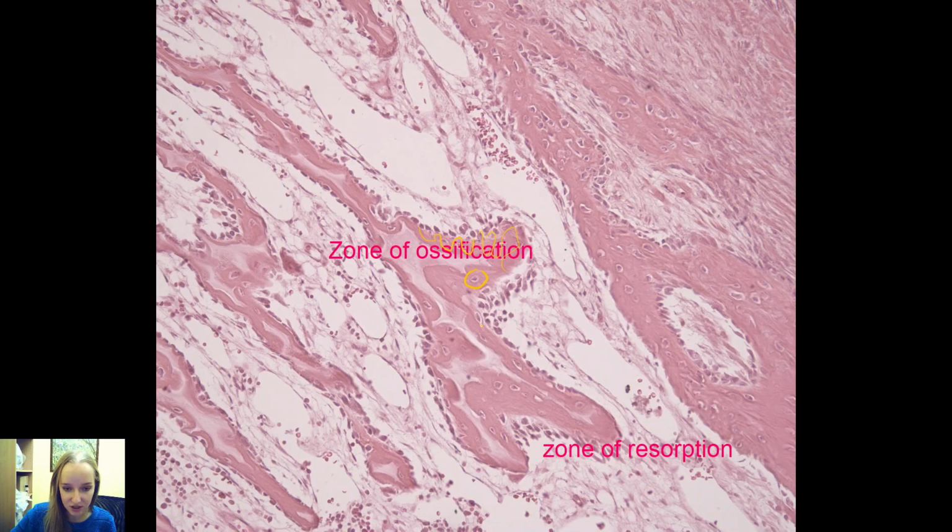We can also see osteocytes right here, and this light thing inside here is still the old cartilage that is slowly going to transform into the bone. In that process, it's not like it's really transforming. I said it's going to transform, but it's not like it's transforming.